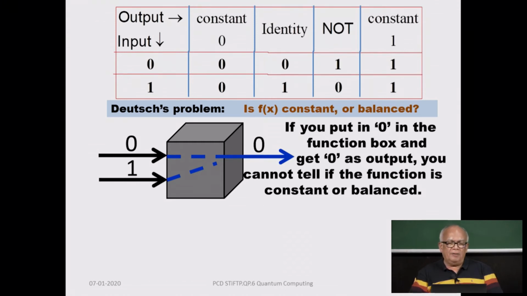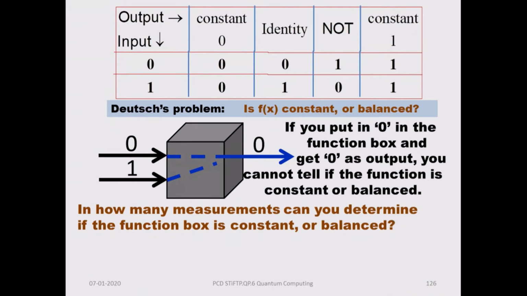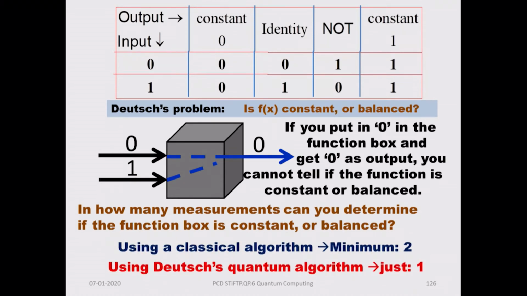So, you need to carry out some additional operation, and in the classical logic gates, you would need a minimum of 2 operations, 2 steps, whereas using the Deutsch quantum algorithm, you can do it in 1 step.